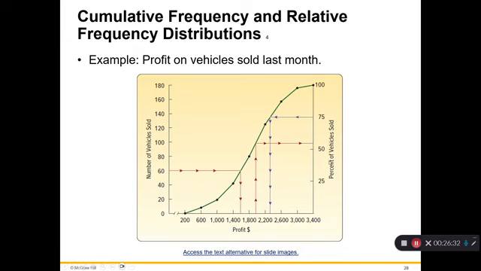And if the percentage of vehicles sold is given to us, like 75%, then how much profit does it map to? You can draw this line here, and it shows how much profit this number maps to. So we can visually use the visualization of data to draw many inferences and make many data-driven decisions.